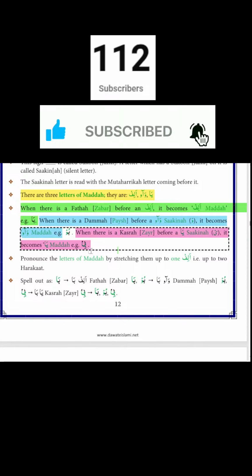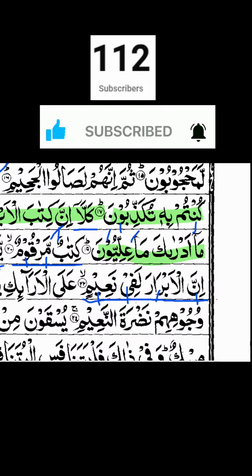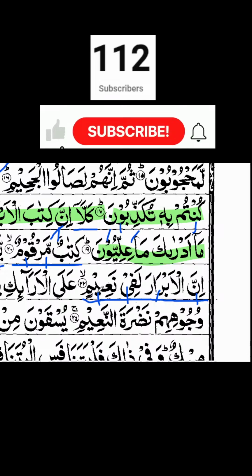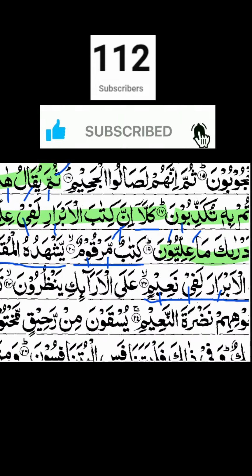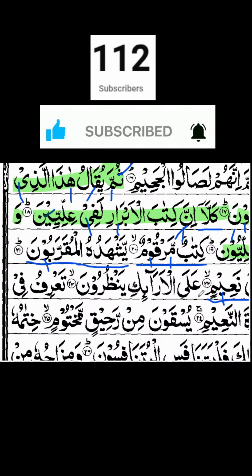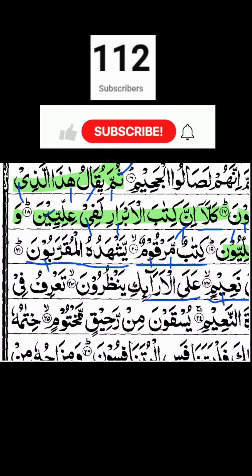Example: ba ya zer bi, fa ya zer fi, ain ya zer vi. So they both have ya madda, and that's why we are stretching this one. Lafi na'im, lafi na'im. Next ayah is alal araiki yanzurun.